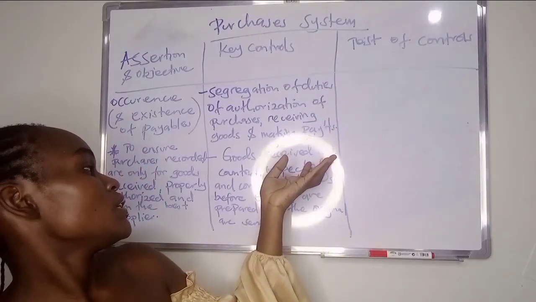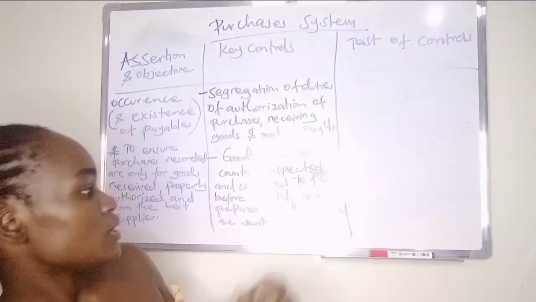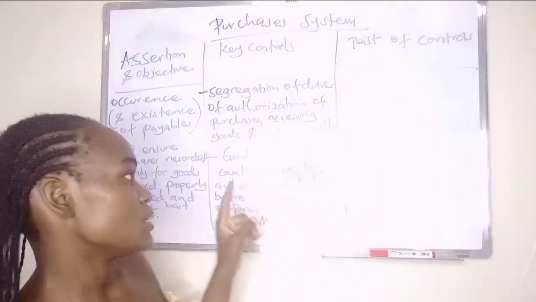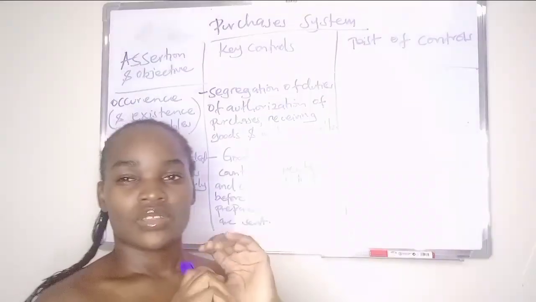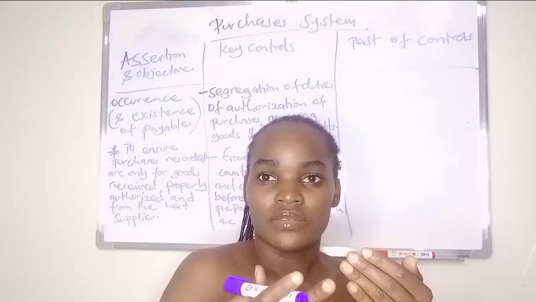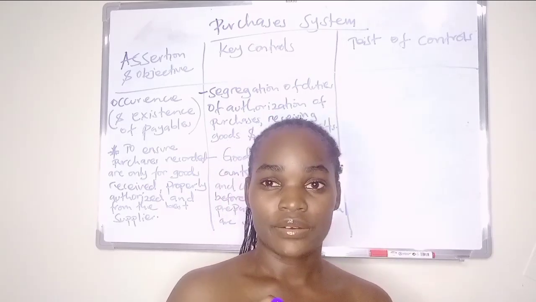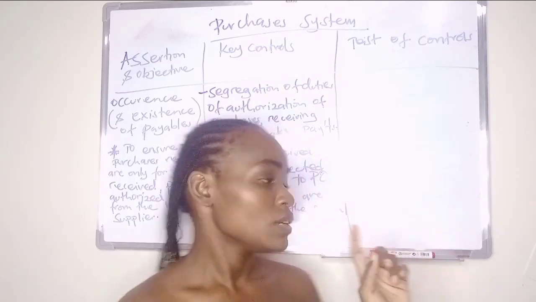Then for this one, the auditor is supposed to observe the receiving of goods, because the control says goods received are counted and inspected. The auditor observes the receiving of goods to make sure that they are counted and inspected properly.